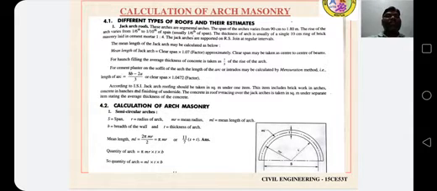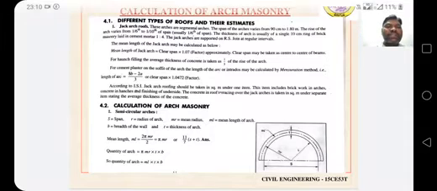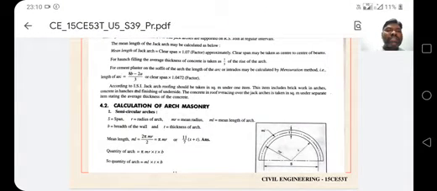Mean length is equal to 2 pi mean radius divided by 2 is equal to pi into mean radius, or 11/7 into (S plus T), where S is equal to span, T is equal to thickness of arch. Quantity of arch, pi into mean radius into T into B. So quantity of arch is equal to ML into T into B.